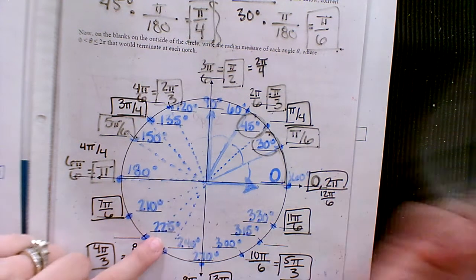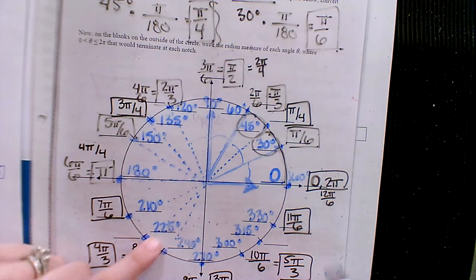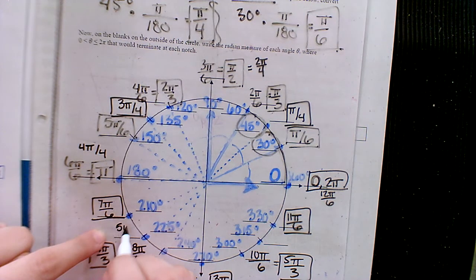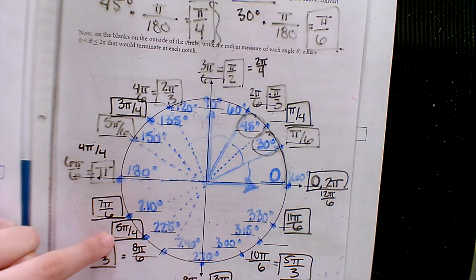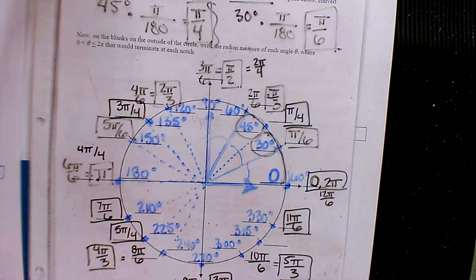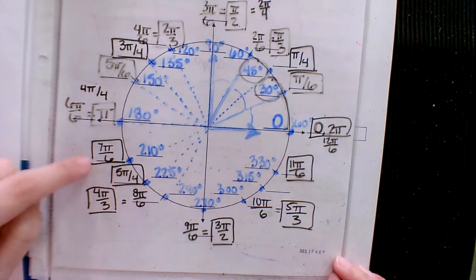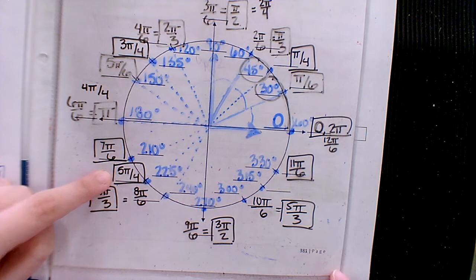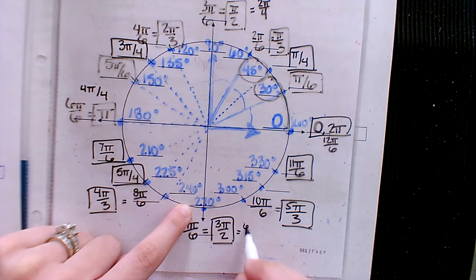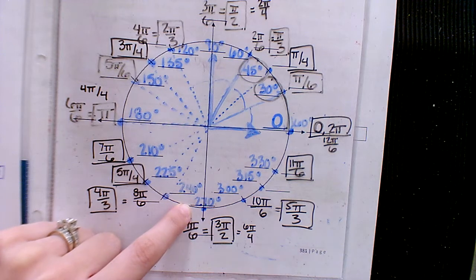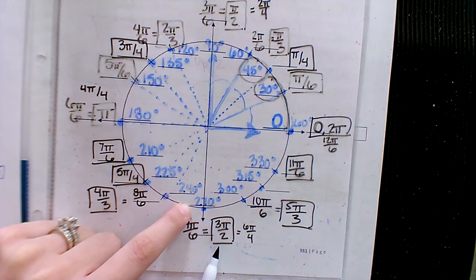Another 45 degrees, we'd be at 225, and another pi over 4 would bring us to 5 pi over 4. Another 45 would bring us to 270, so that would be 6 pi over 4, but isn't that the same as 3 pi over 2?